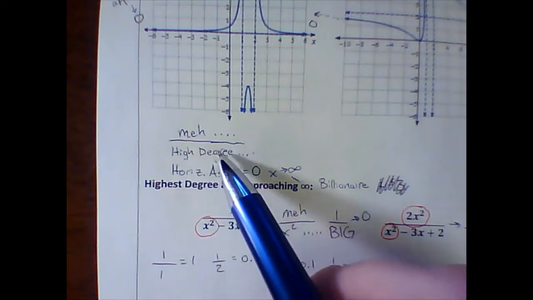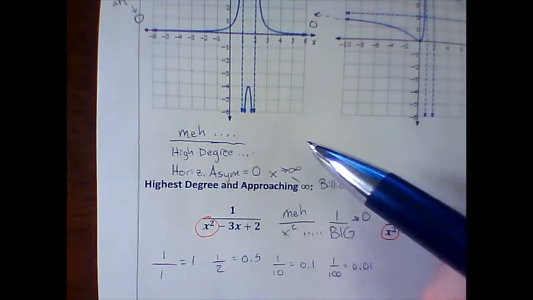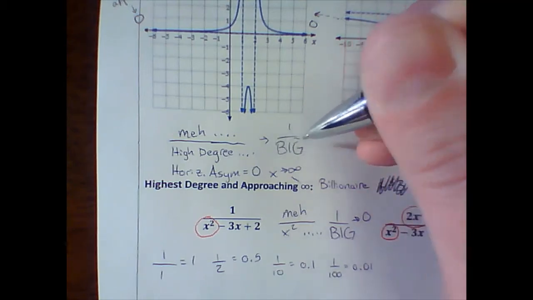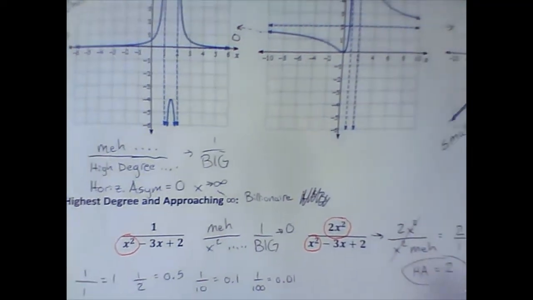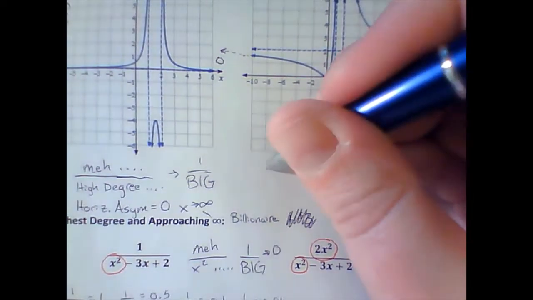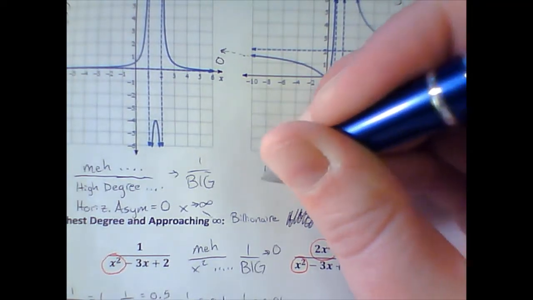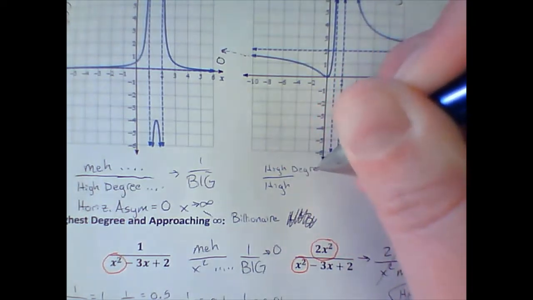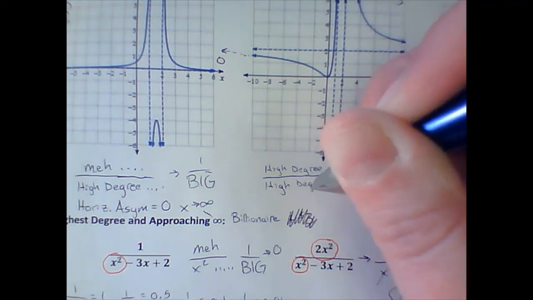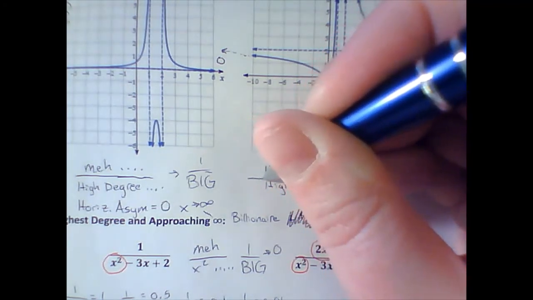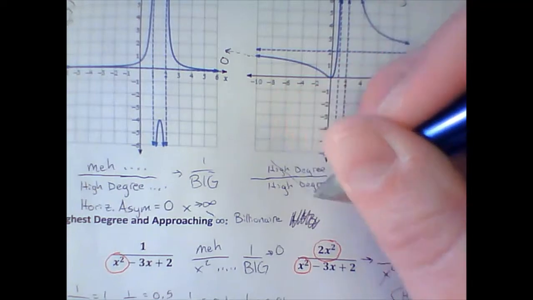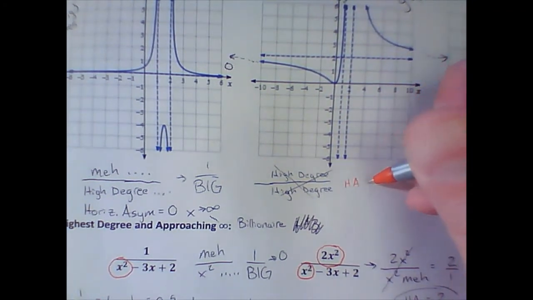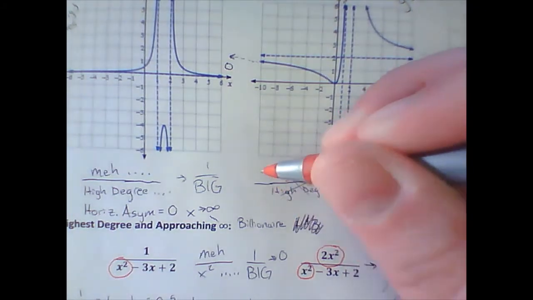So again, pay attention to the high degree. If your high degree is on the bottom, you head for 0. That's like saying 1 over something really big. But if you're tied with your high degree, you have an x squared on top and bottom, and that's the highest, or an x cubed, an x to the 4th, or even just an x, what you do is you take whatever was in front of the highest degree, both top and bottom.